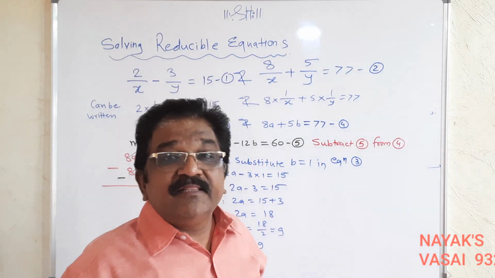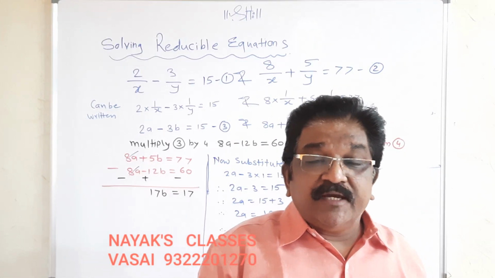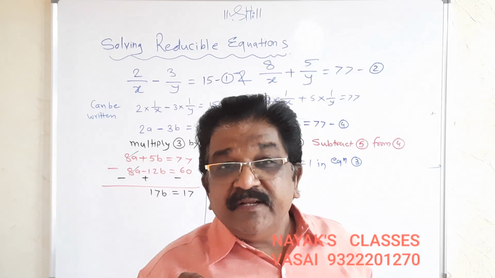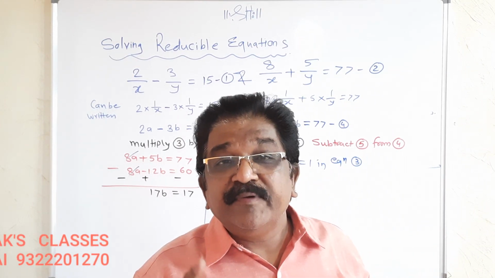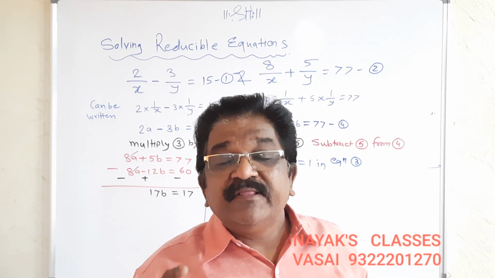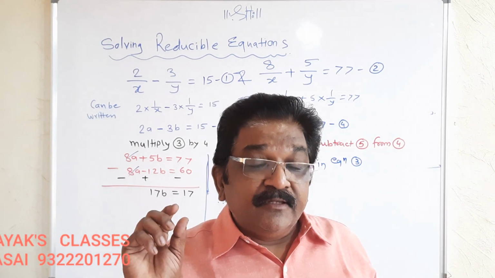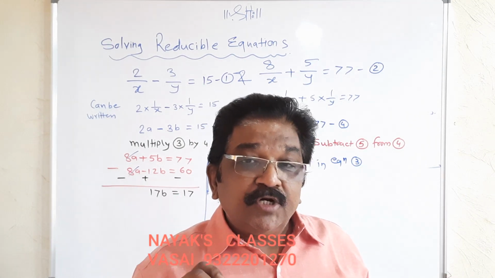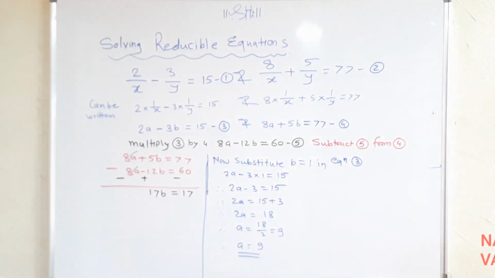When the denominator contains the variable, their power becomes negative, and negative power is not allowed in simultaneous equations. So the given equations are not simultaneous equations. Let us see what to do.